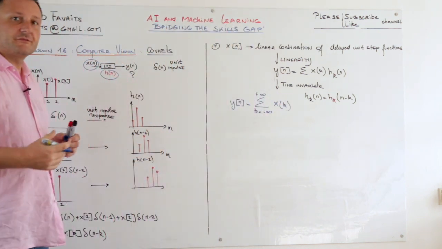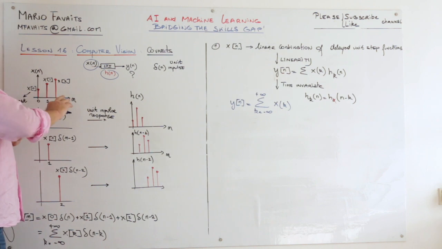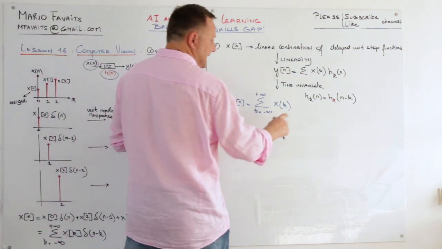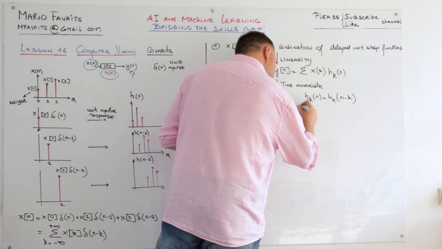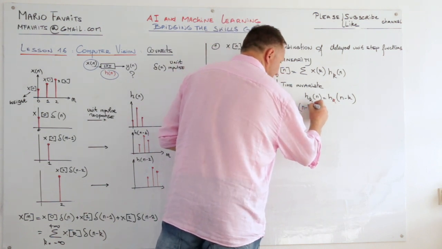We have not touched the signal, and then we replace that by h of n minus k.